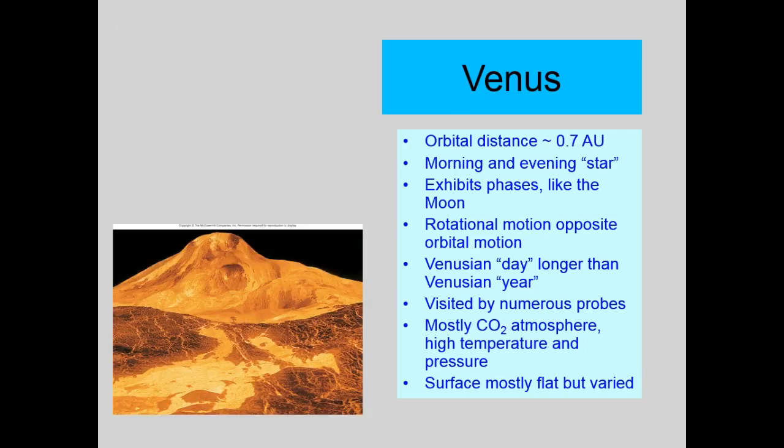Okay, here is a computer simulation. No one's been on Venus's surface to take a picture like this, but they have sent down probes. They think this is a huge volcano in the background. Probably pretty active.